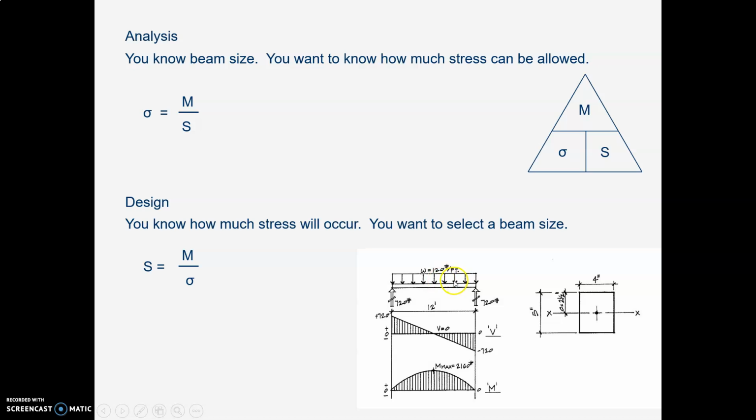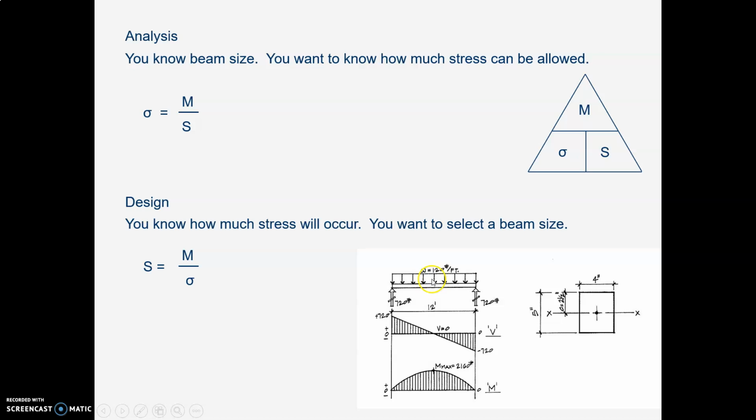If you know what the load is, you can figure out the bending stress using these diagrams and our AISC formulas. So you'll figure out the bending moment. You know how much stress will occur. And then you figure out, all right, how big a section modulus do I need?